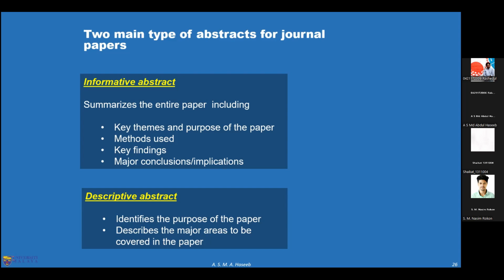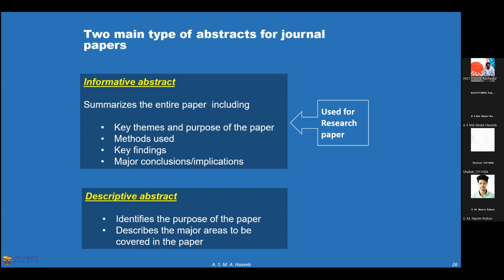Now, these two types of abstracts have very specific purposes. The first type, which is informative abstract, is used for research papers. And if you notice, you will find that this is actually written in the form of IMRAD. You have the introduction, where you outline the purpose of the paper.